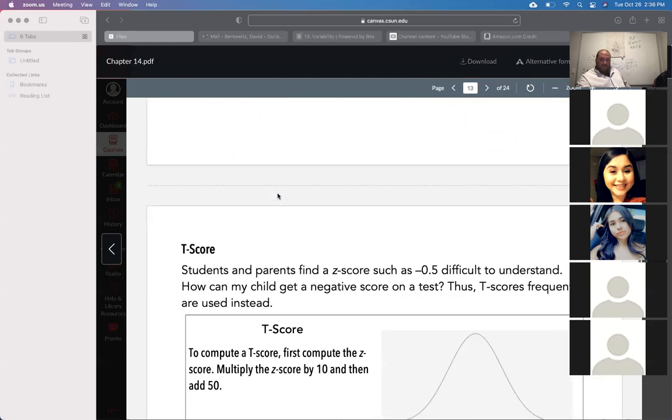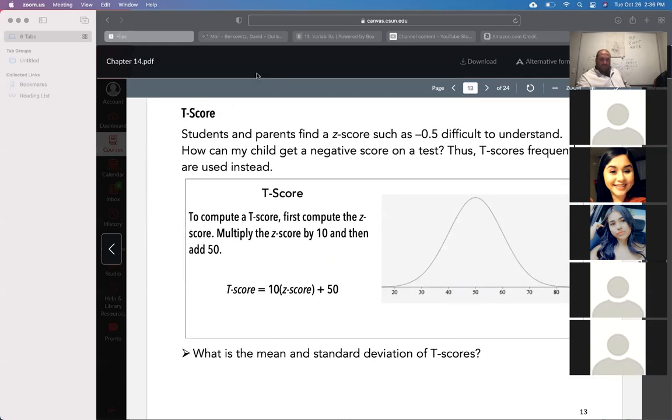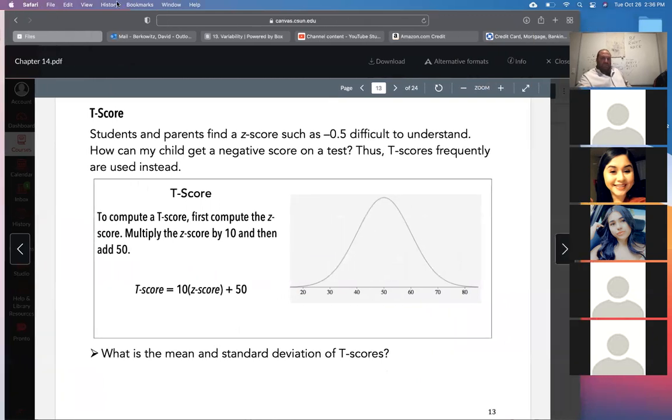All right. Let's now go to t-scores. Students and parents find a z-score, such as -0.5, difficult to understand. It means you're half a deviation below the mean, but they have a difficult time understanding it. Fine, okay. How can my child get a negative score on a test? Oh my God, I knew they were dumb, but I didn't think they were that dumb.